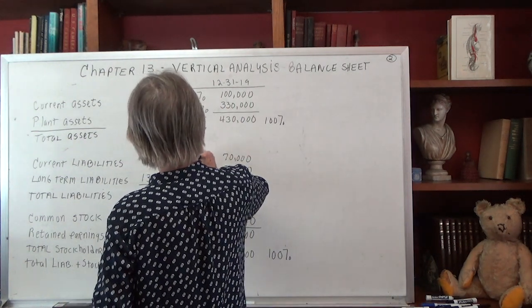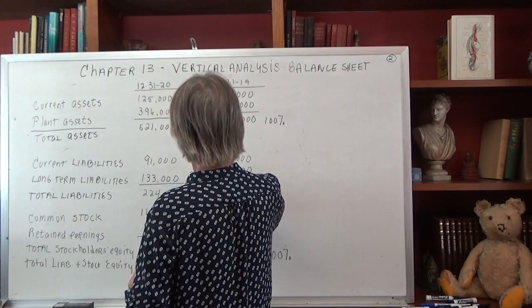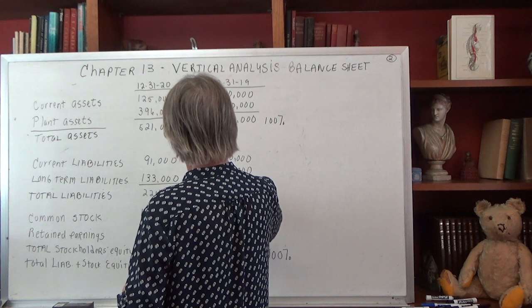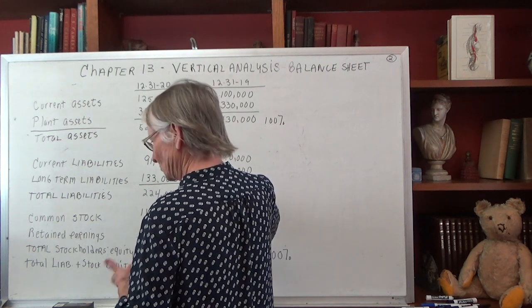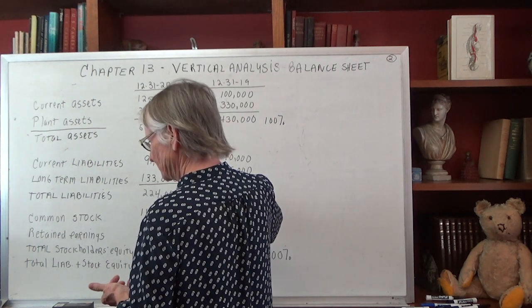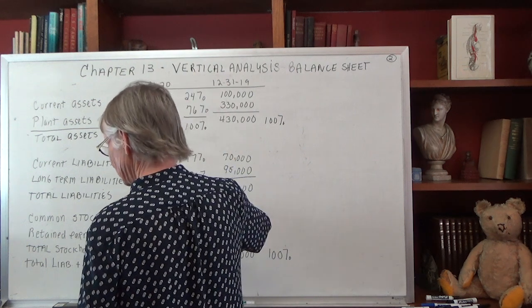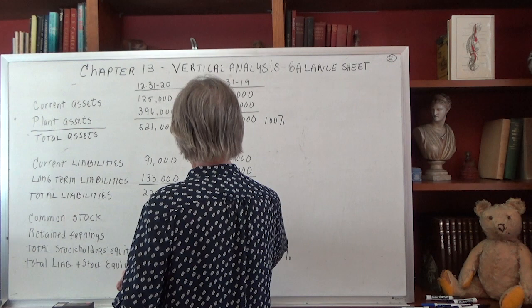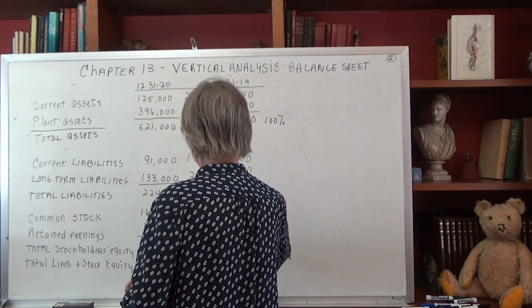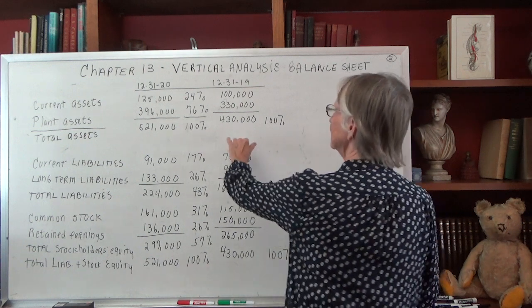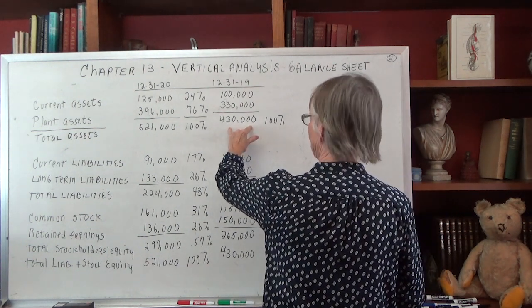We get like 17%, 26%, 43%. 161 divided by 521 would give us 31%, 26%, 57%. Okay, and then for 2019, it'd be dividing everything by 430.